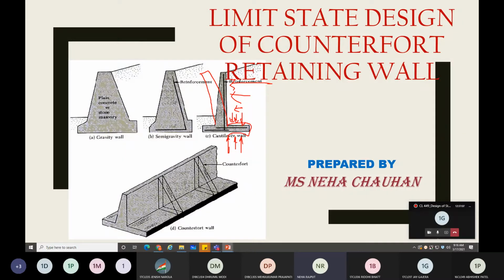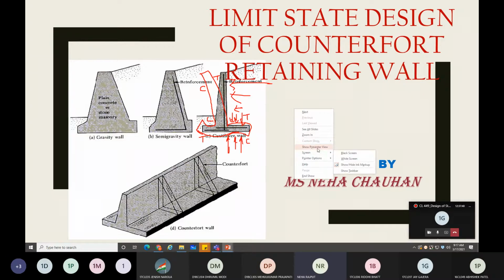This is the deflection of the heel, and the deflection of the toe part will be like this. This is the overall behavior of the cantilever retaining wall: for the stem part there is tension over here and compression over here. For the heel part, tension will be at top and compression at bottom, and for the toe, tension will be at bottom and compression at top.